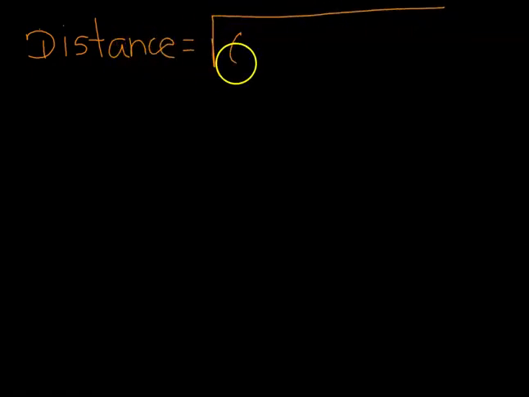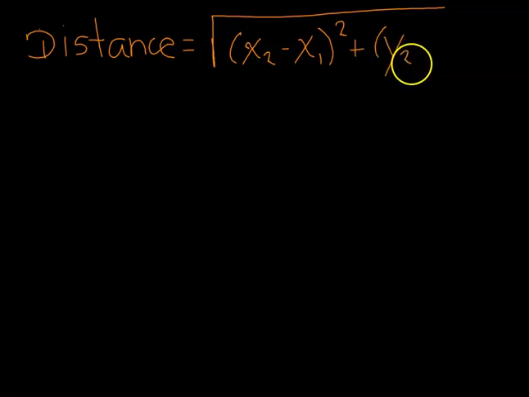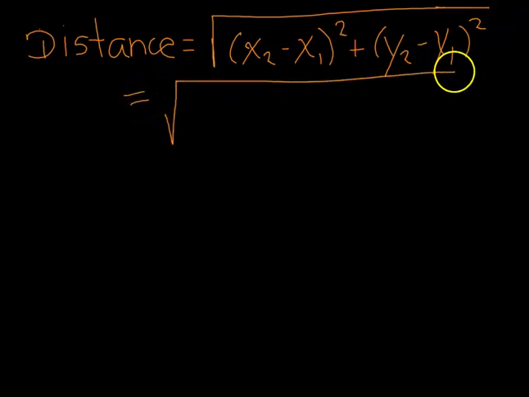So flipping it to the next page, the distance formula would be the square root of x sub 2 minus x sub 1 squared plus y sub 2 minus y sub 1 squared. Remember, in the given problem, we have the 2 points already, which we've labeled as x sub 1 and y sub 1 and x sub 2 and y sub 2.